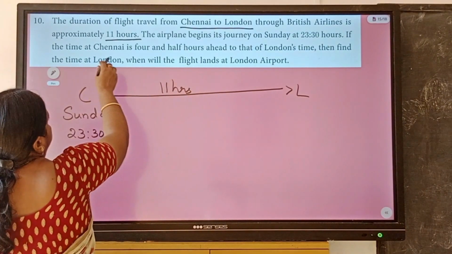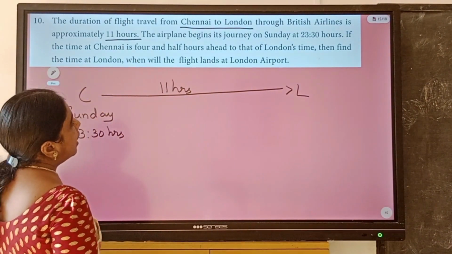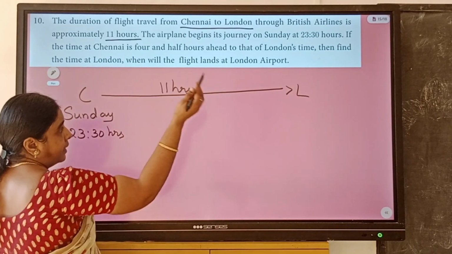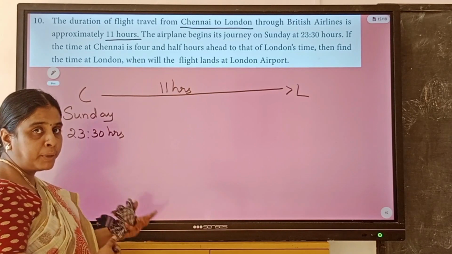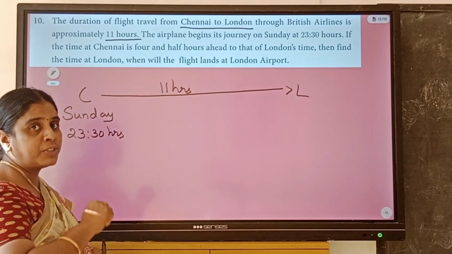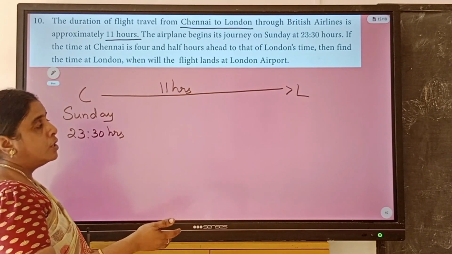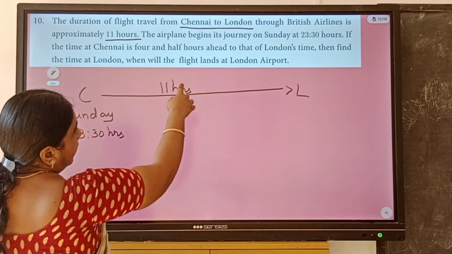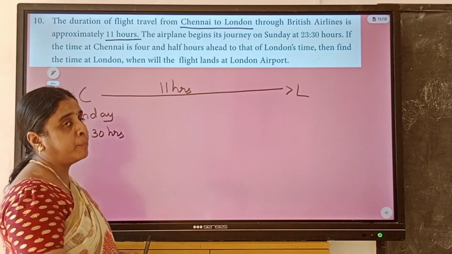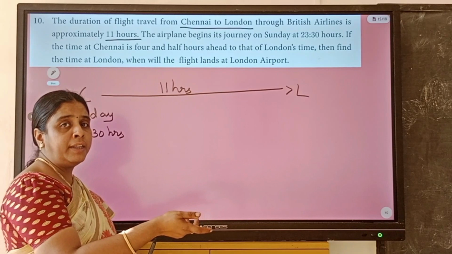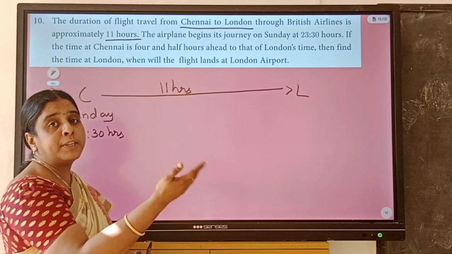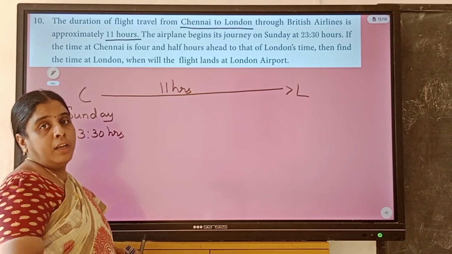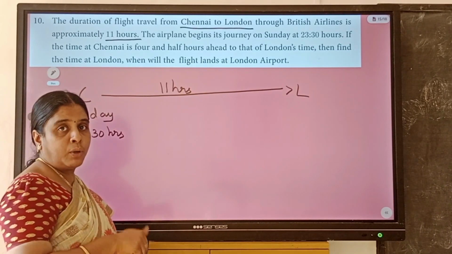If the time at Chennai is 4.5 hours ahead, means in front, after. As we did for the previous sum, the time calculation: it is ahead of London's time. So if it is 3 o'clock in the afternoon there, it is going to be 7:30 in the evening over here for us.